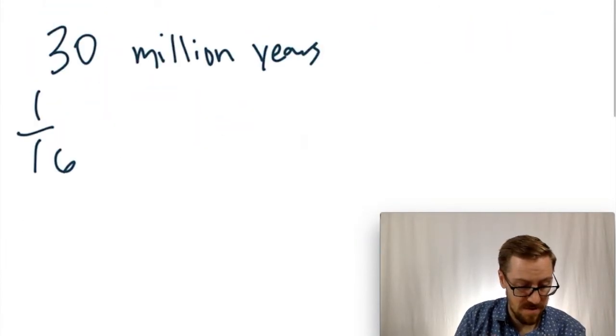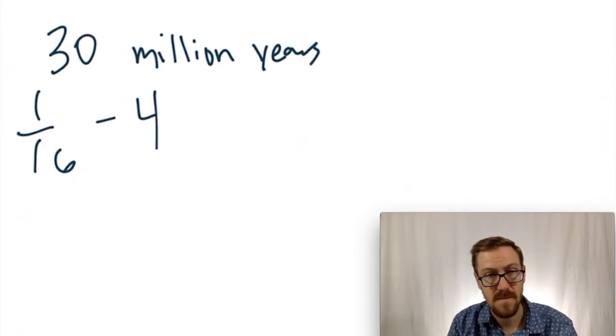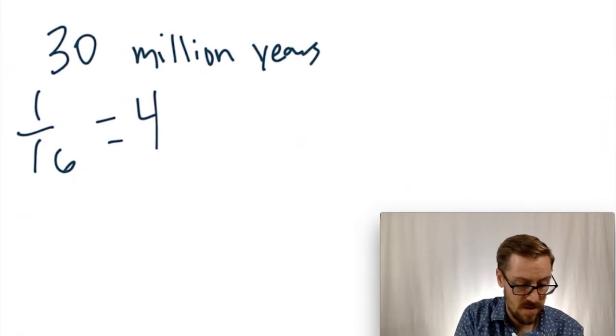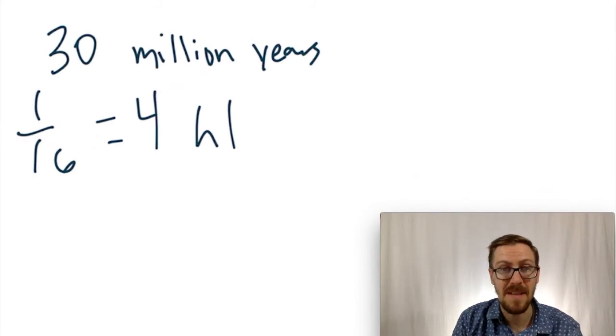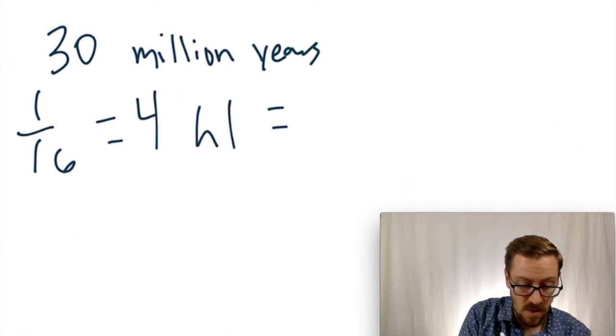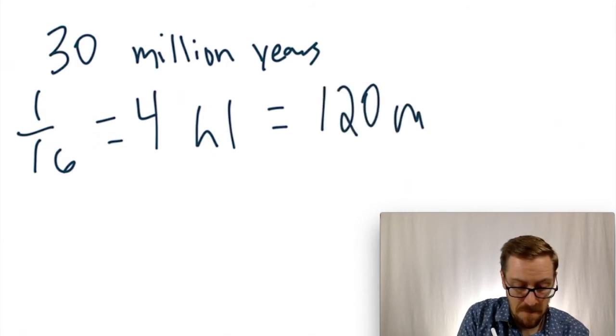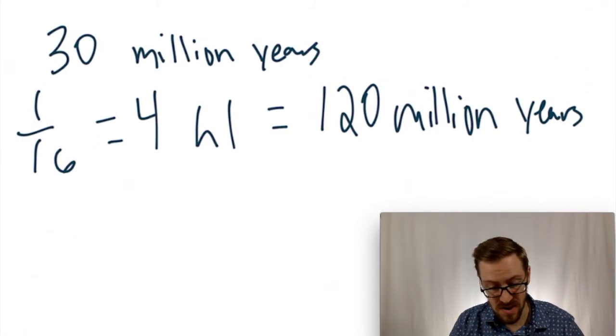So my answer, how many half-lives, is 4. If each one takes 30 million years, 30 times 4 is 120 million years.